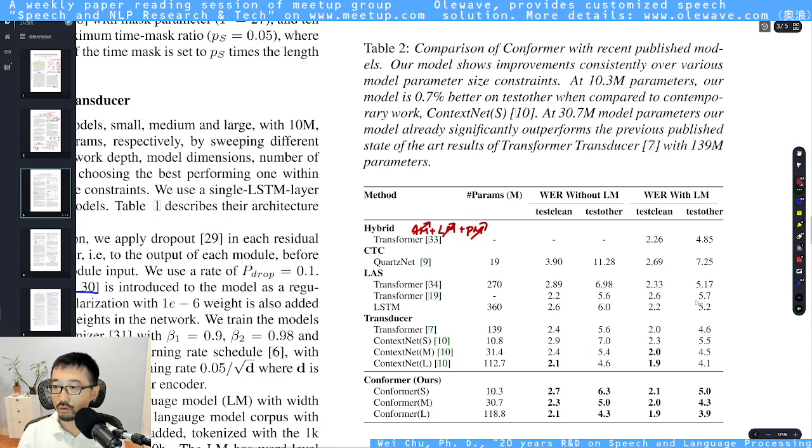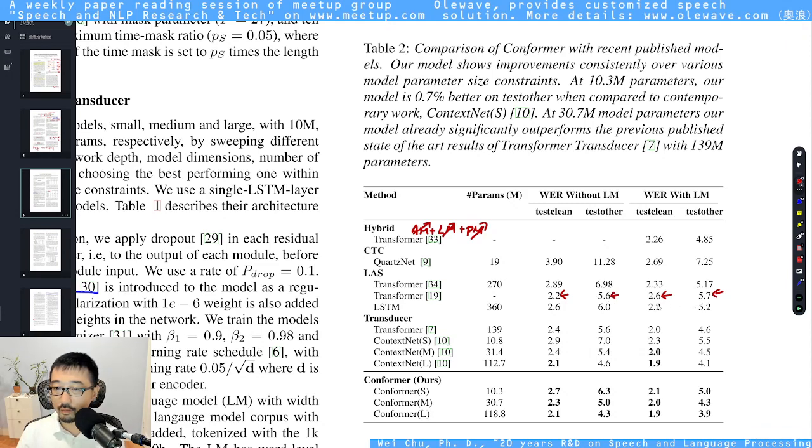This is kind of weird to me because you can see that with the language model, they're doing worse. Yeah, they're doing worse.